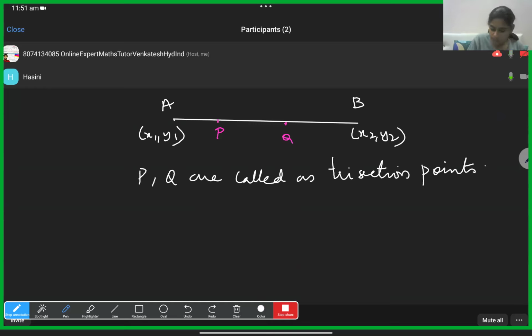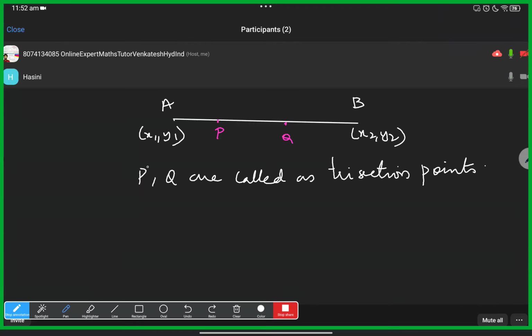Because of P and Q, the line segment got divided into 3 parts. Those parts we call sections: first section, second section. When a total is divided into parts, we call them sections. So because of the positions of P and Q on the line segment AB, it got divided into three sections: AP, PQ, QB. Any doubt?